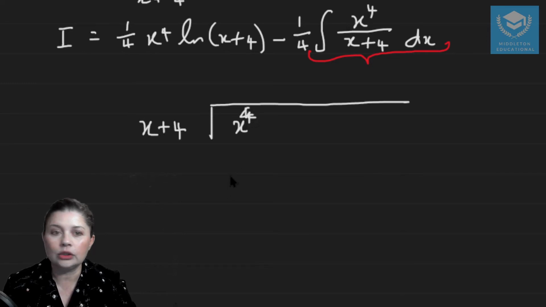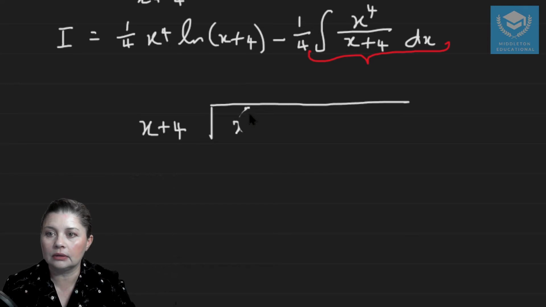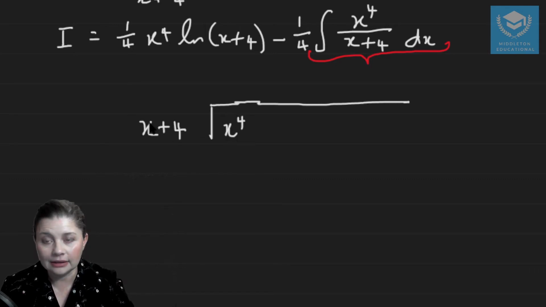So what we do is we take x, the first part of this expression, and divide into x to the power 4. So that means I'm going to say x to the power 4 divided by x. What's left? x cubed.